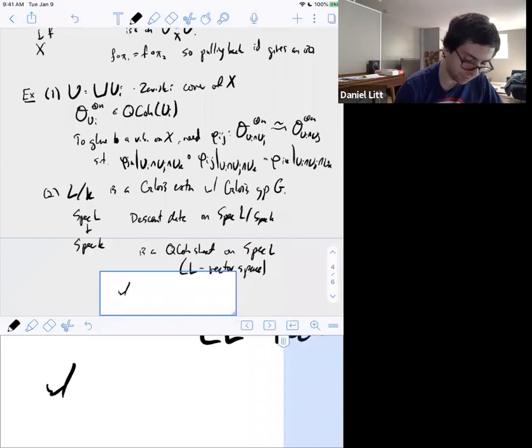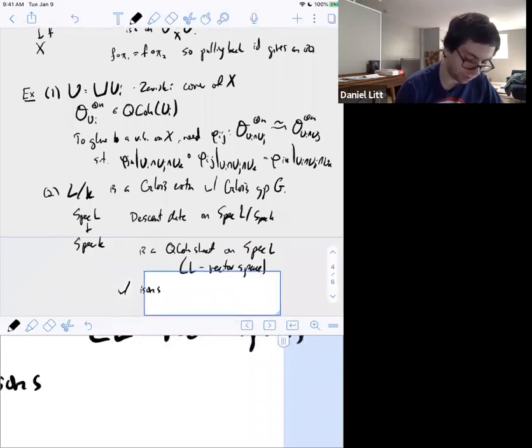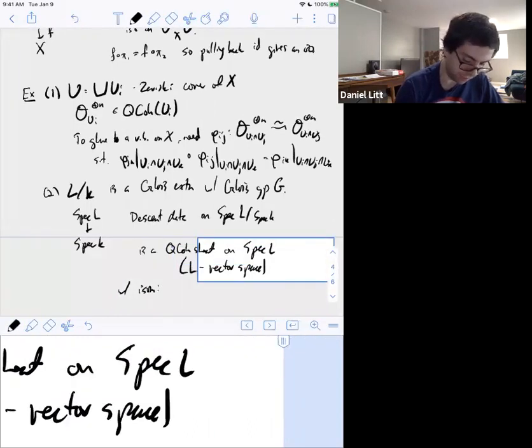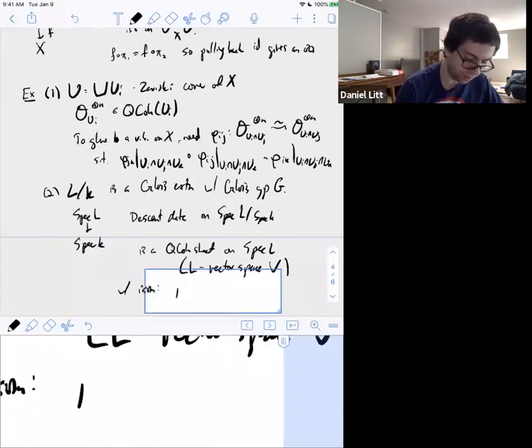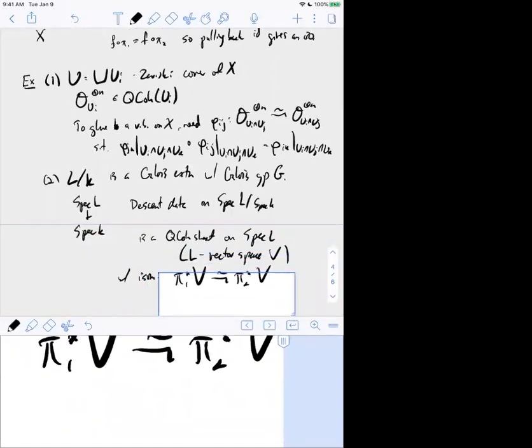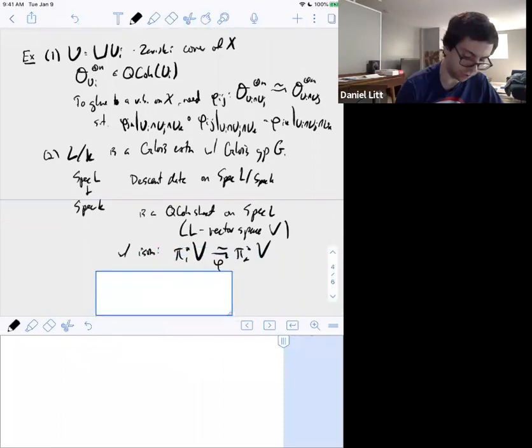With an isomorphism, let me give it a name, an L vector space V, with an isomorphism from pi 1 star V to pi 2 star V, satisfying the cocycle condition.